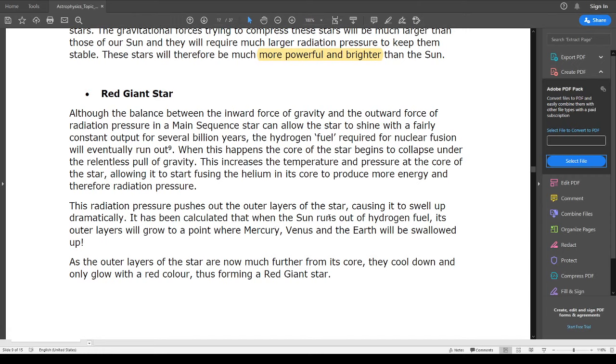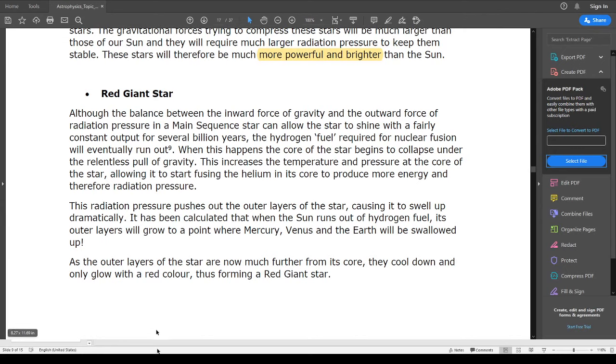So even though the sun, or any star, swells up and becomes very large, it actually cools down. That is, the temperature becomes lower.